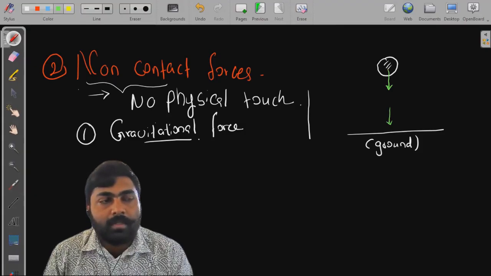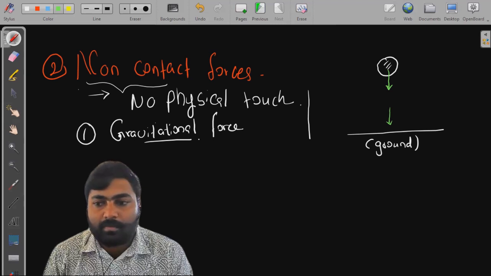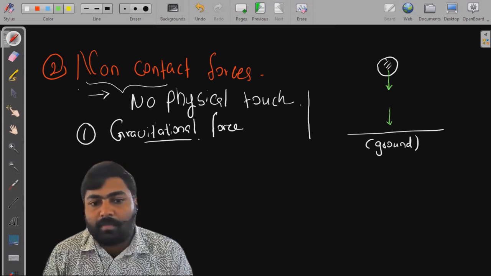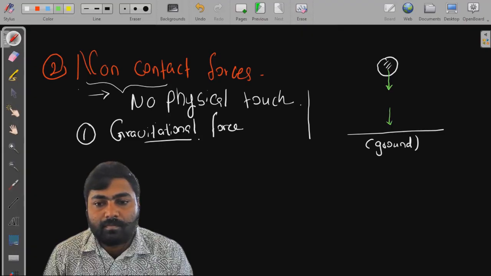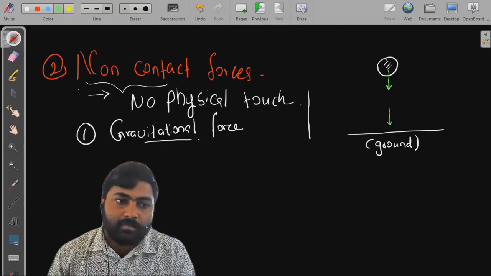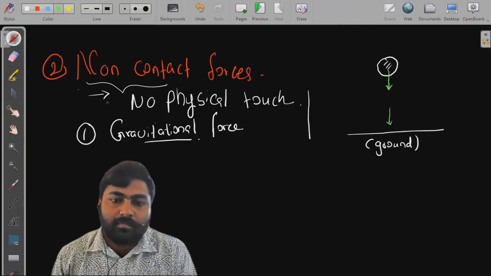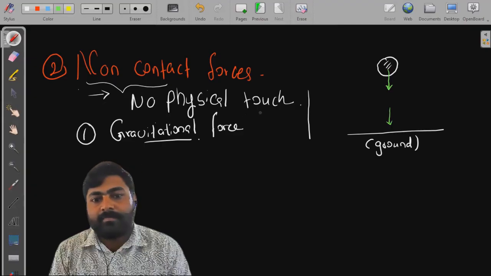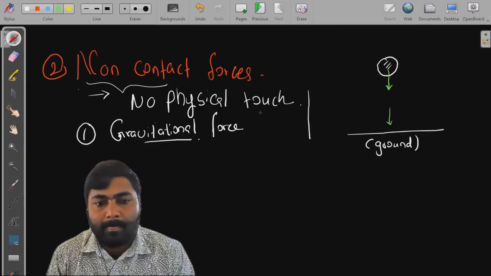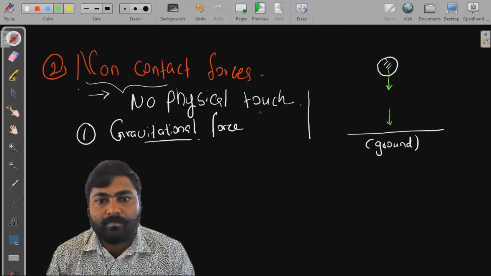Okay, then can you give me an example of a place which does not have gravitational force? Can you repeat the question?